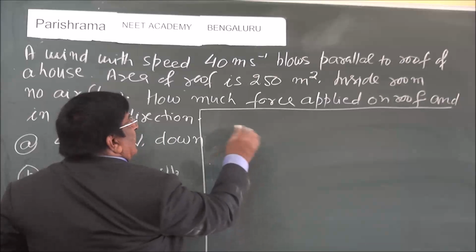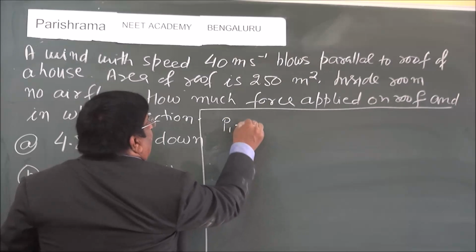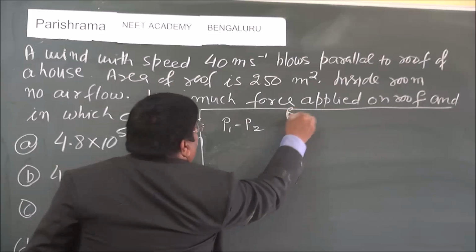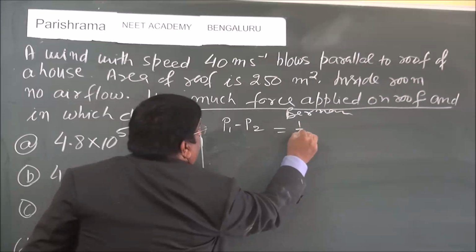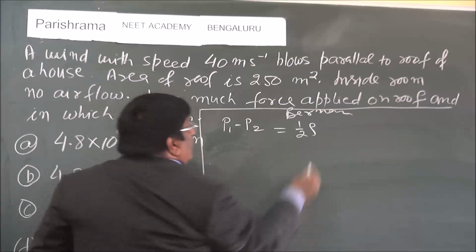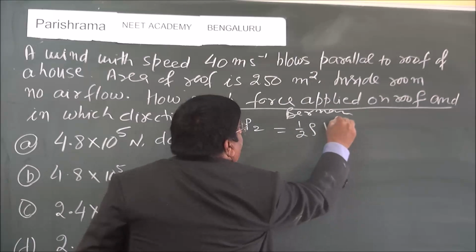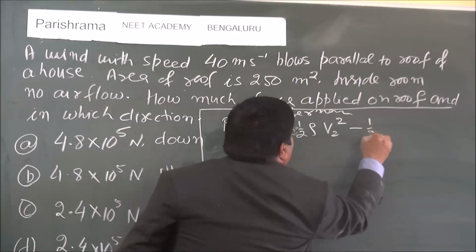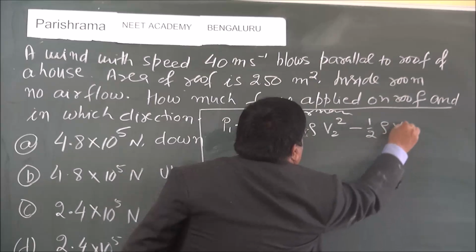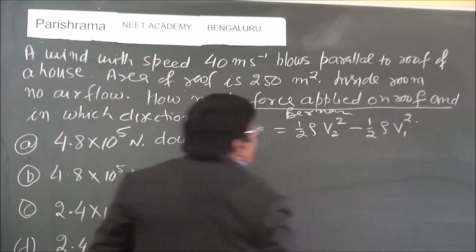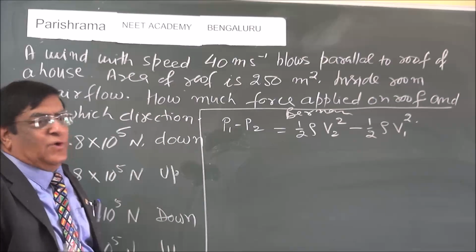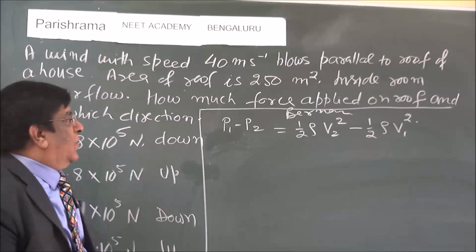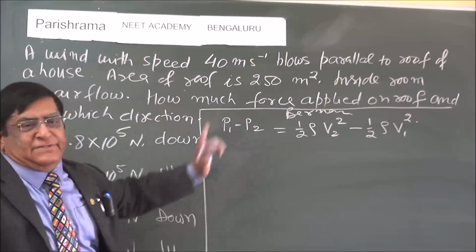According to Bernoulli's principle, P1 minus P2 is equal to half rho into V2 square minus V1 square. Right?